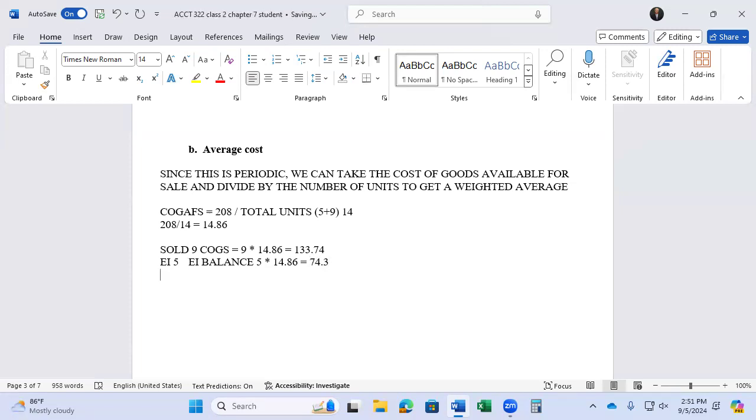When we add these up, the total should equal the cost of goods available for sale, so hopefully this comes out to 208. There are minor rounding issues there. So that's what happens if you don't carry it.